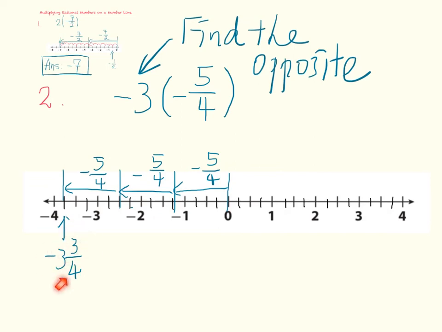Okay, so if negative 3 3/4, then the opposite of it will be all the way over here at positive 3 3/4. So your correct answer of negative 3 times negative 5/4 is positive 3 3/4.